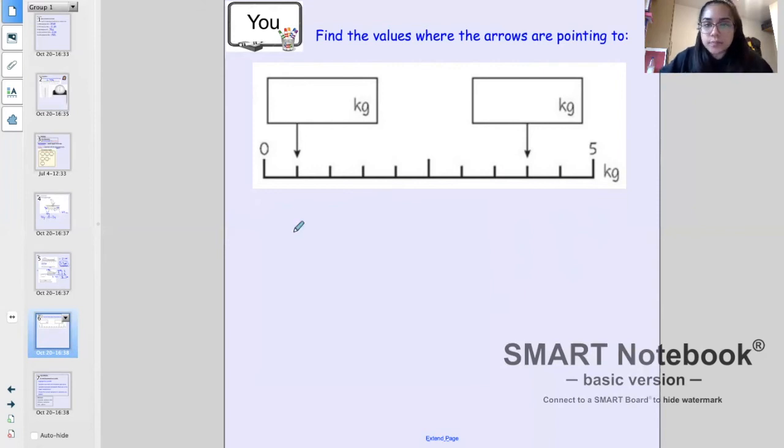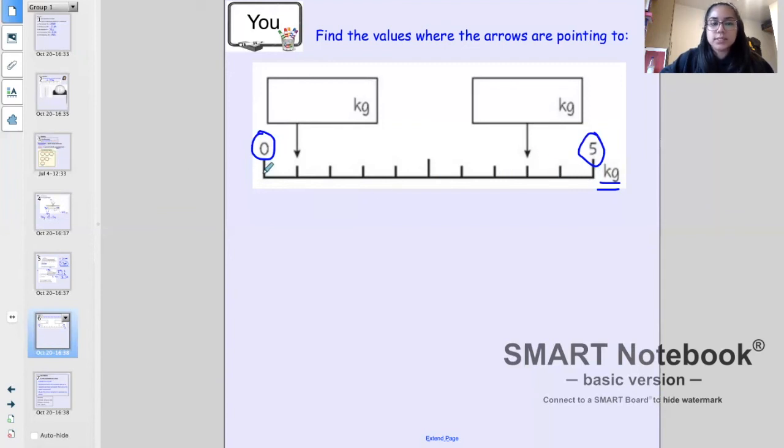Okay, so we can see that our scale is from 0 to 5, and it's in kilograms, okay? 0 to 5 kilograms, that's our scale. Now we have to work out how much each individual increment is going up in. Well, if we count from 0 all the way to 5 and see how many increments there are, we've got 1, 2, 3, 4, 5, 6, 7, 8, 9, 10.